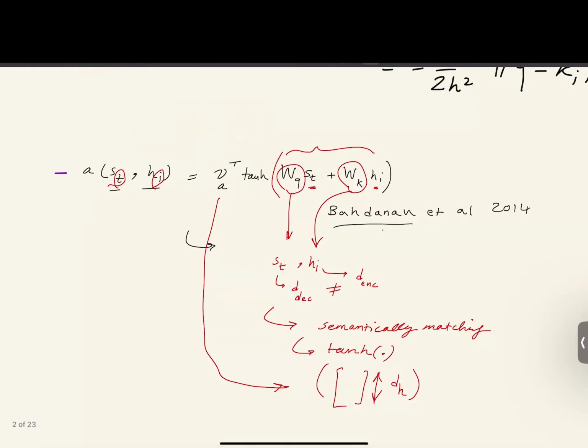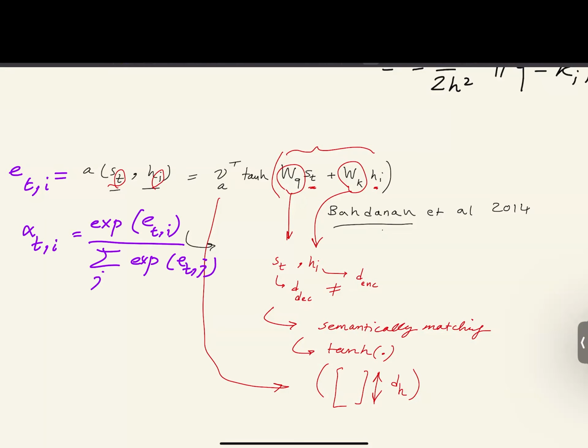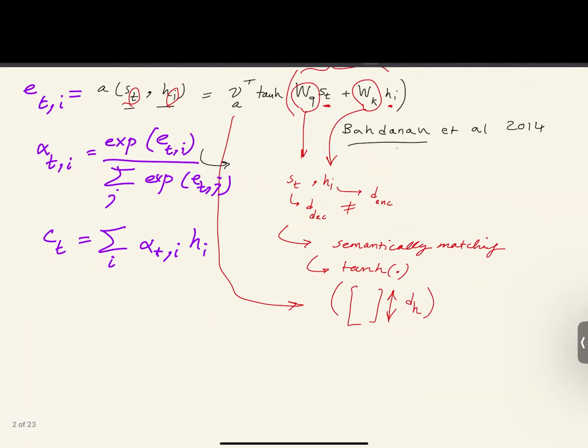So now let us call this e_ti, and then we can make the attention weights alpha_ti, which is basically a softmax of this. Like I said, this gives us the c_t, and the decoder uses this c_t and the s_t to predict the next token.